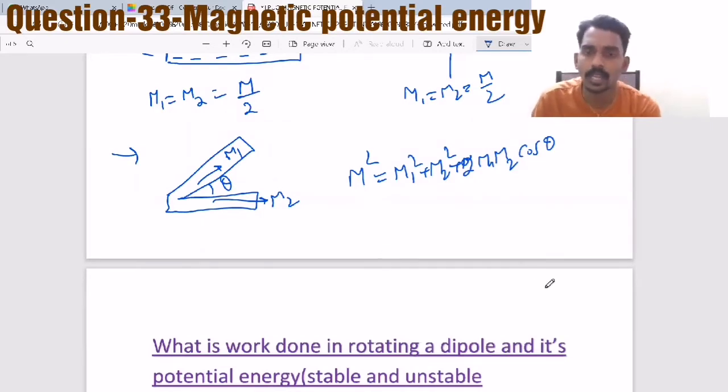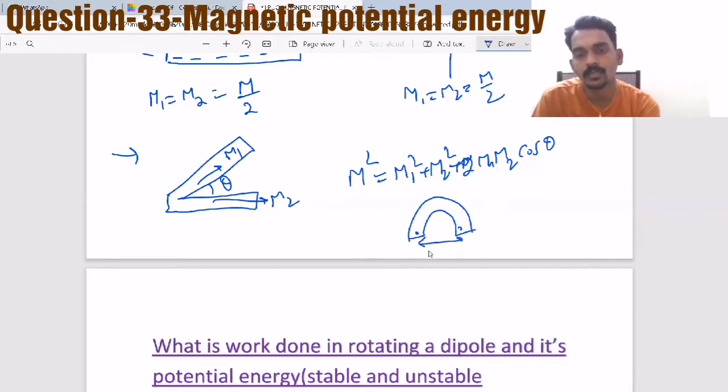Or sometimes they will also ask a question where a magnet is bent in the form of a semicircle. Suppose like this, they bent it. Then this is the south pole, this is the north pole. Now how do you find the effective length? The length of the magnet is equal to the perimeter of the semicircle.